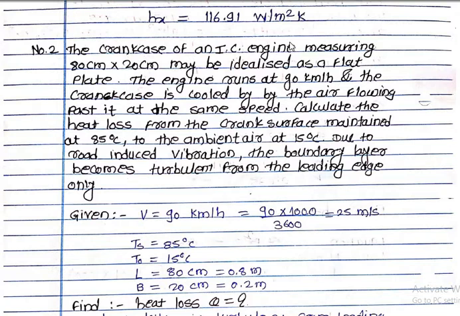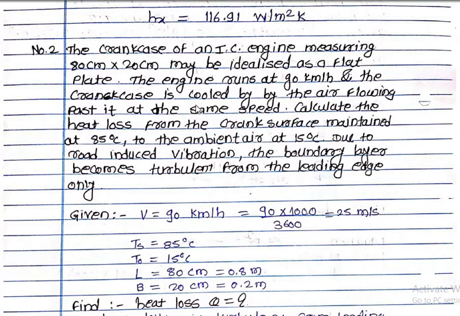Here it is provided that the crankcase of the engine we have to consider as a flat plate, and the dimensions are 80 centimeter multiplied by 20 centimeter. So 80 centimeter is the length and 20 centimeter is the width. It runs at 90 km per hour, and we consider the velocity of the air flowing over the crankcase as 90 km per hour only.